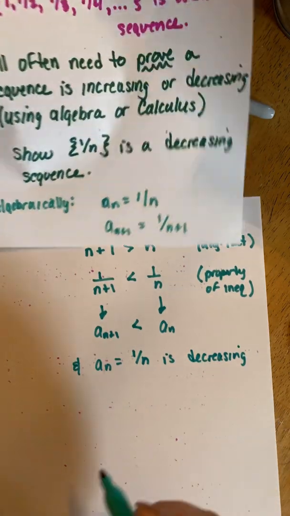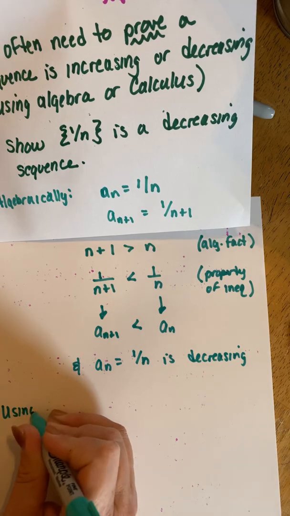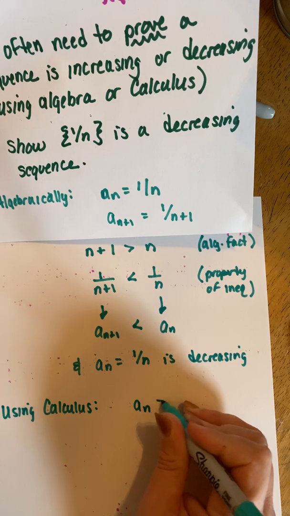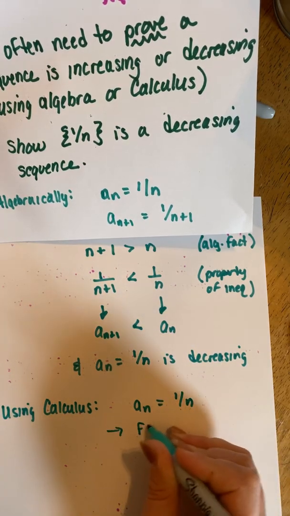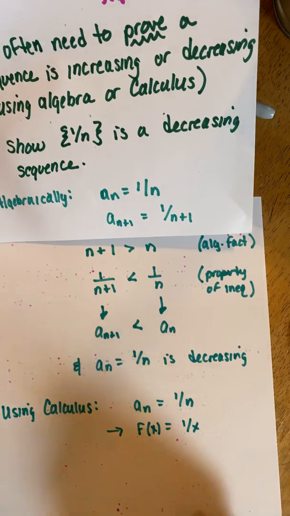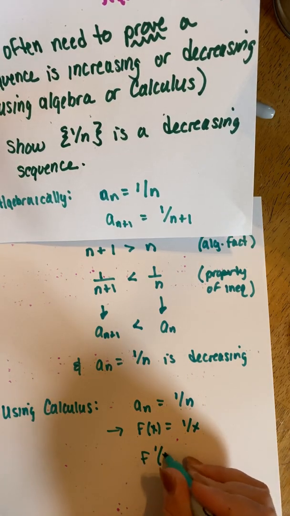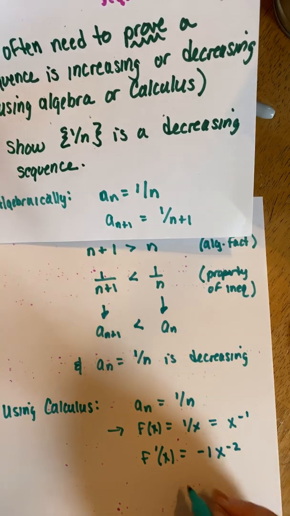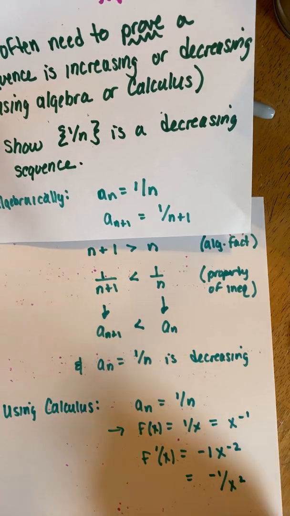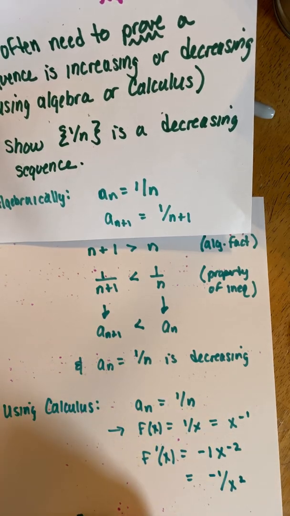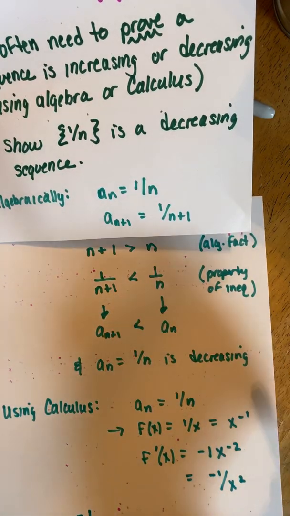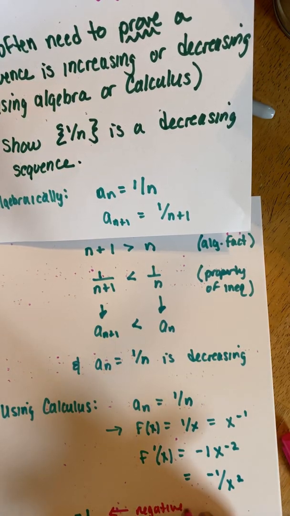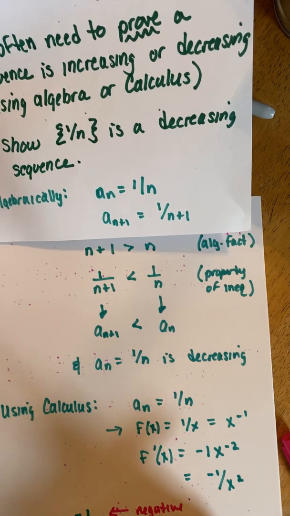Okay, we can also show this using calculus. So a_n equals 1/n corresponds to the function f of x equals 1/x. And if we take the derivative, that's x to the negative 1, x to the negative 2, which is negative 1 over x squared. Let's take a look at this. Negative 1 over x squared is always negative, since x squared is always positive.